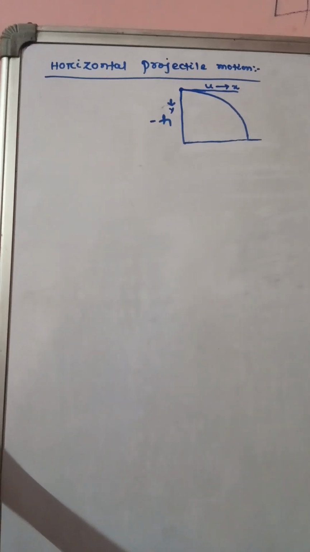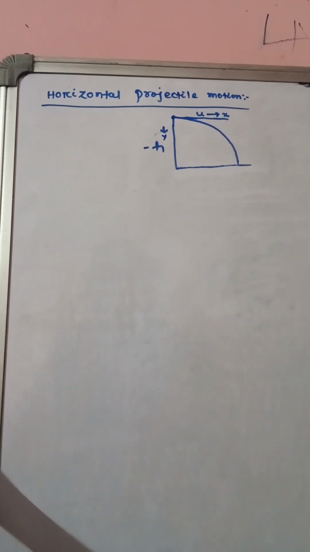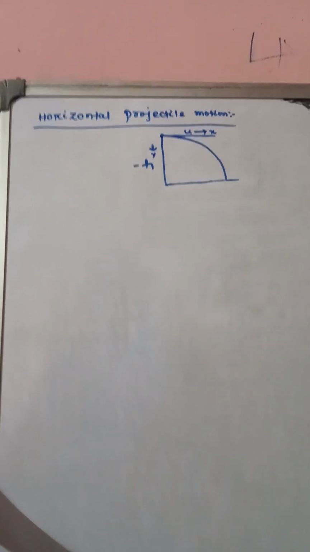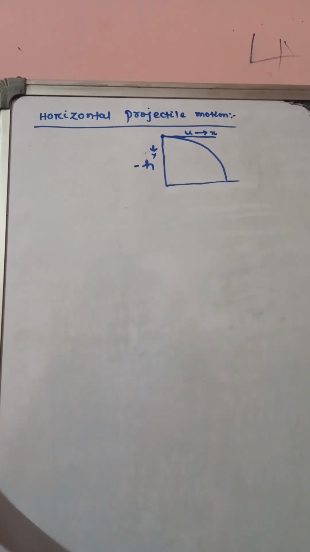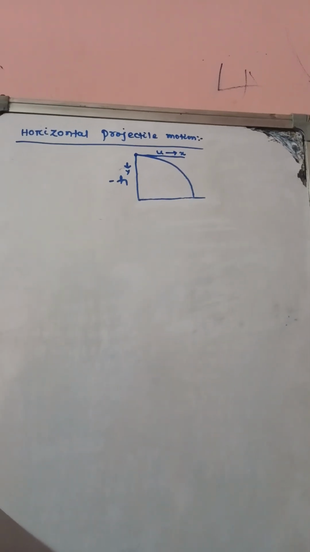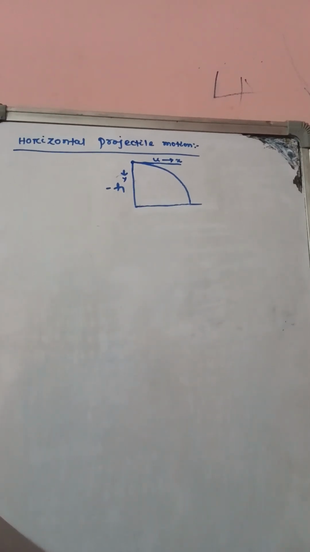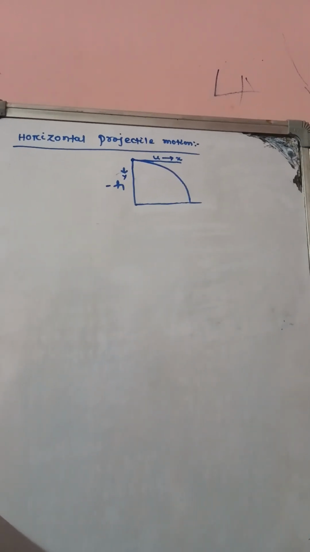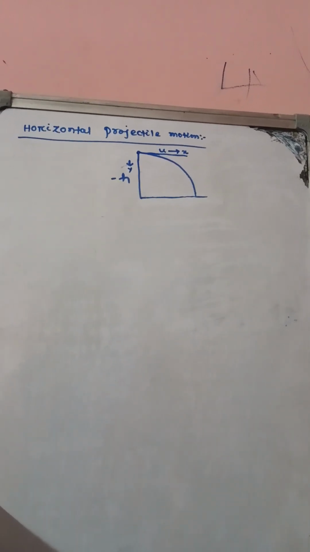Consider a body projected with a velocity u in the horizontal direction from the height h above the ground. As it moves throughout the space, it experiences two velocities.